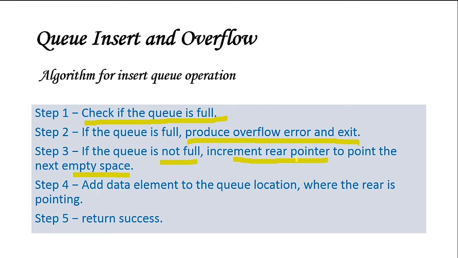So rear should be rear plus 1. So that will point to the next particular space. Add the data element to the queue location. Now where the rear is pointing, you add the element. Then return success. Okay, so this is the insert operation and overflow. When the queue is full and you try to insert one more, you are going to get the message as overflow.